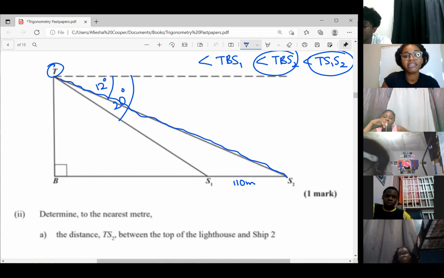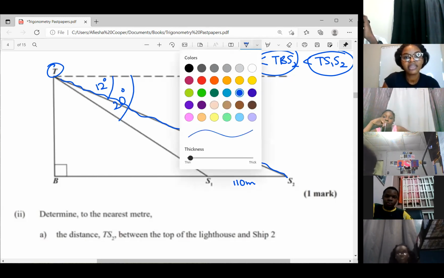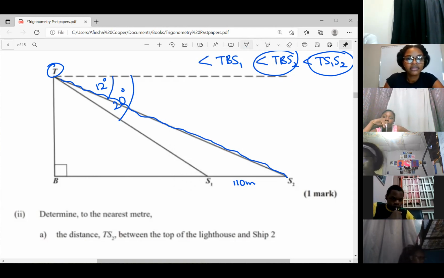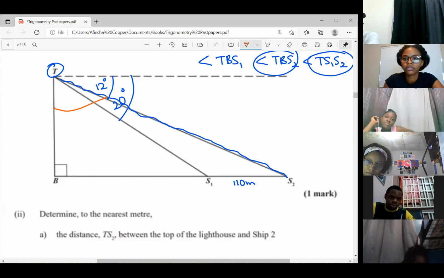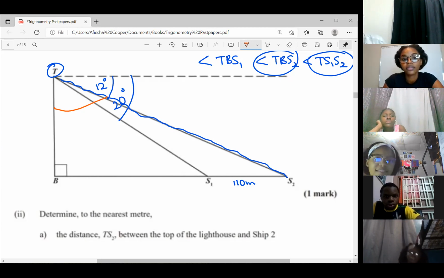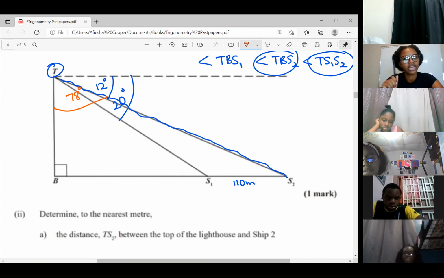I mean, we could put in some missing angles. So let's put in some missing angles. Help me out. How much is up here? 78. I think we did a question like this already.